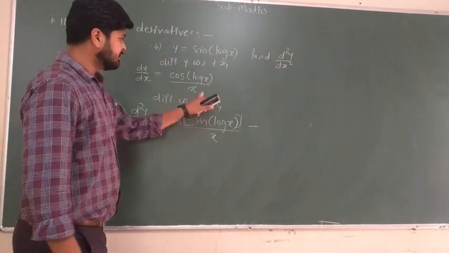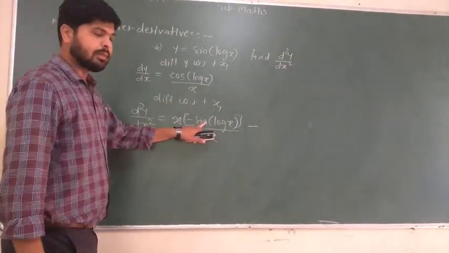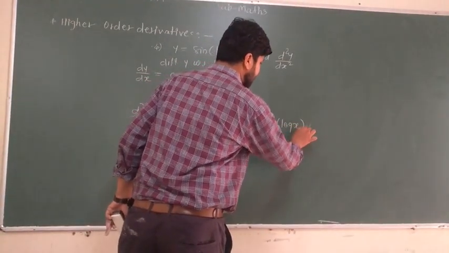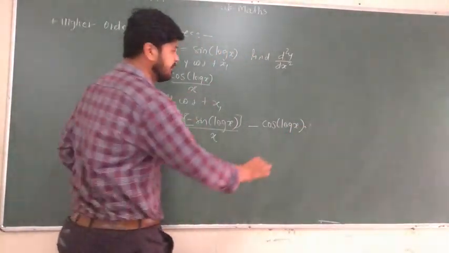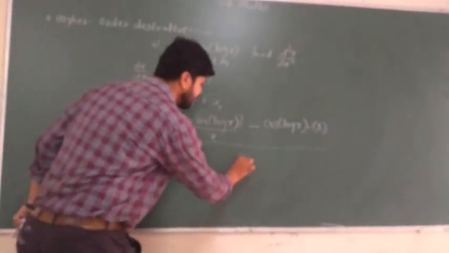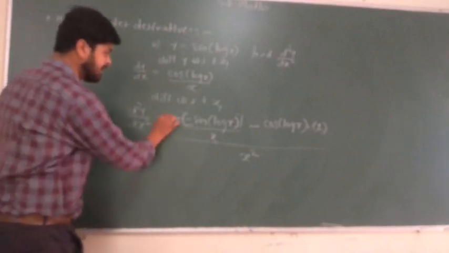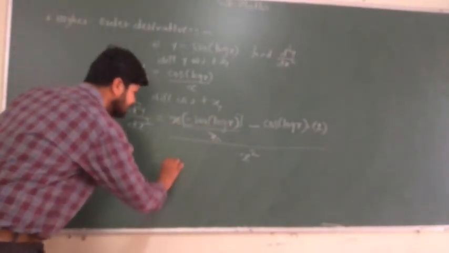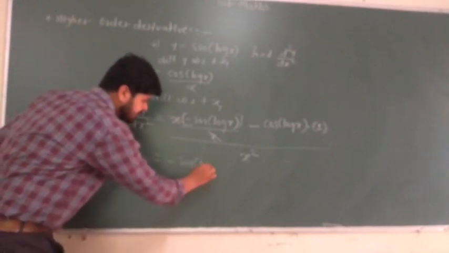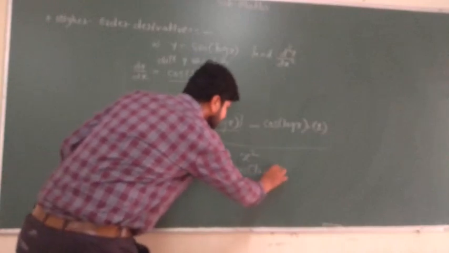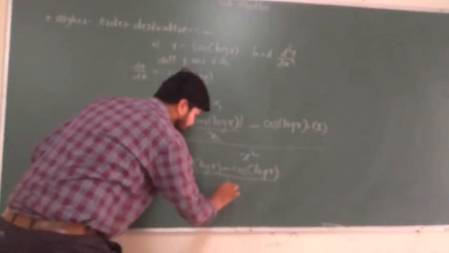Minus, this v as it is derivative of u. Now u as it is, into derivative of v, which is 1, and whole divided by v square, that is x square. So here this x gets cancelled. So what is remaining? Minus sin log x minus cos log x upon x square.